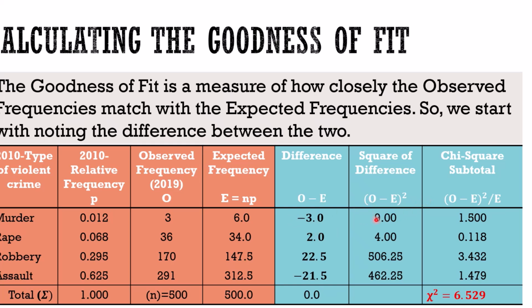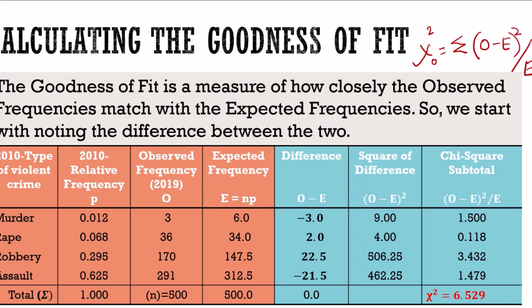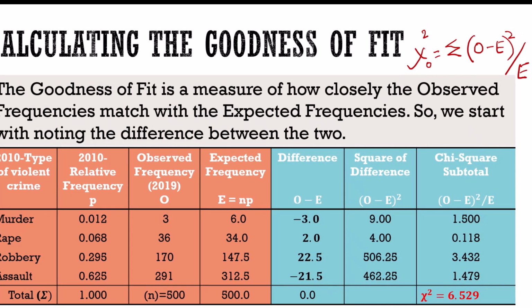So what I'm going to do here is first write the formula for the chi-squared test statistic value. So it's going to be sigma, then O minus E whole squared divided by E. That's the formula to calculate the chi-squared value. And I'm going to take the different parts of this formula and calculate it over the different columns.